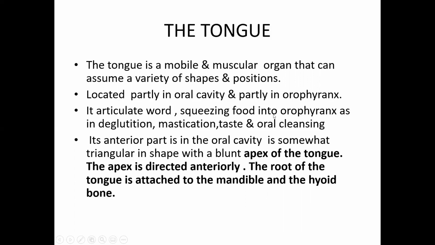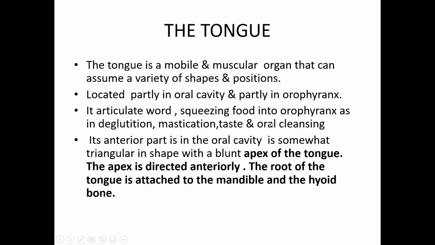The function of the tongue is squeezing the food, articulating the words produced by the larynx, masticating the food, and tasting the food. The taste buds are located on the dorsal surface of the tongue.